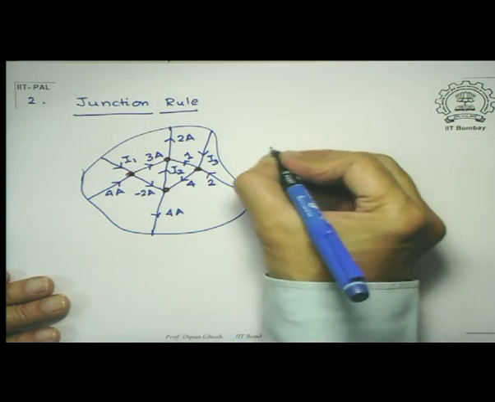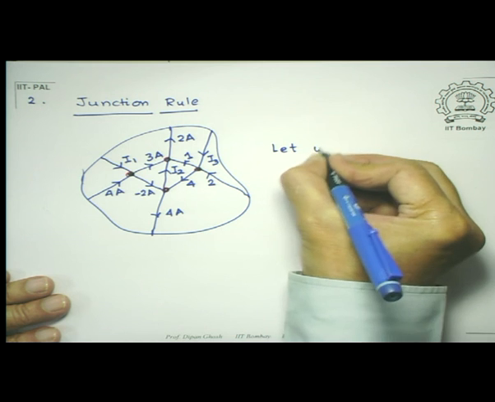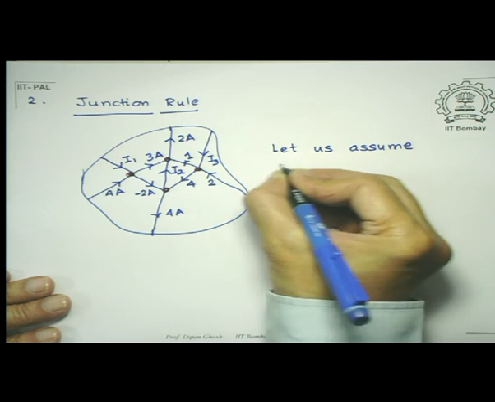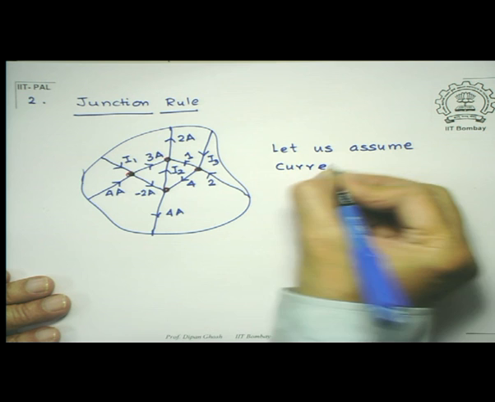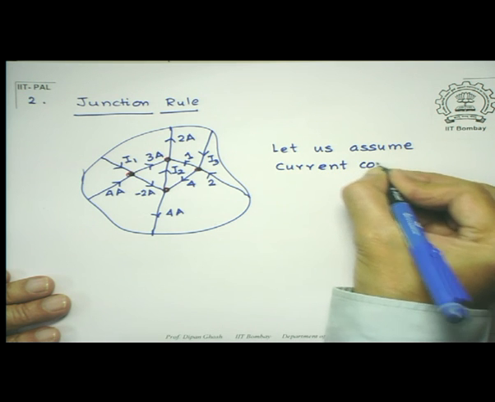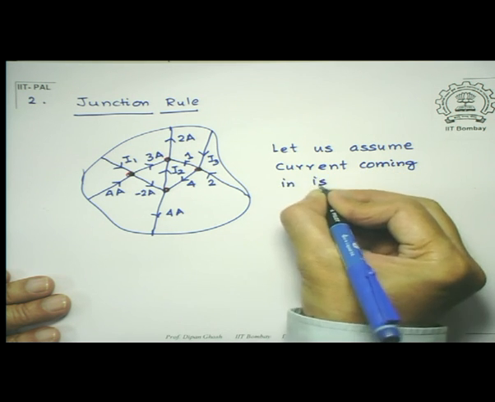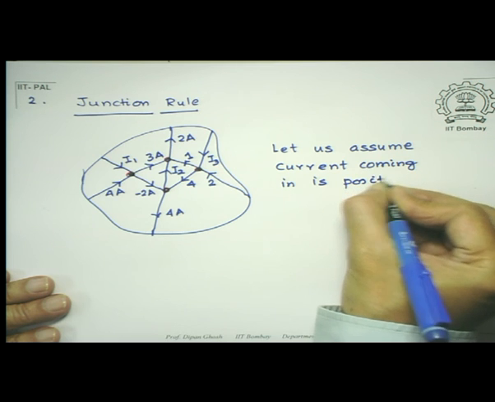So let us look at how I can use the junction rule for this. I will assume that a current which is coming in is positive. There is nothing special about this assumption.